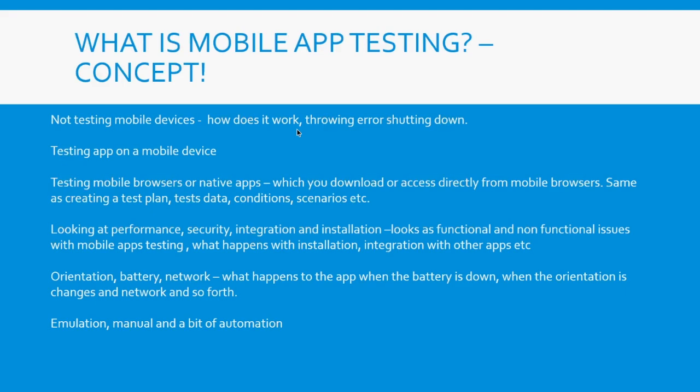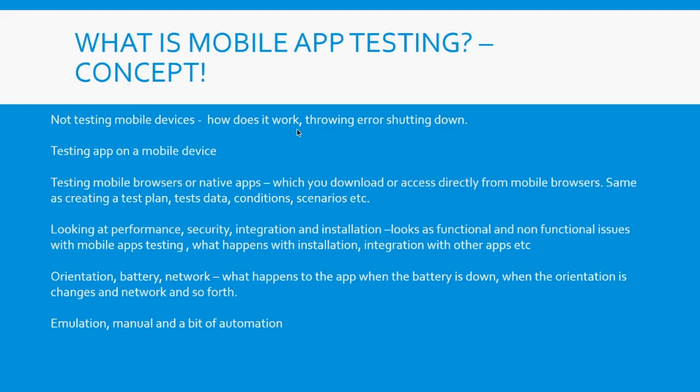It's also about looking at the installation. How long will it take to download the application? How long will it take for the application to update? It also looks at functional and non-functional issues. A lot of us have applications now, such as Netflix, that we watch on our mobile devices.